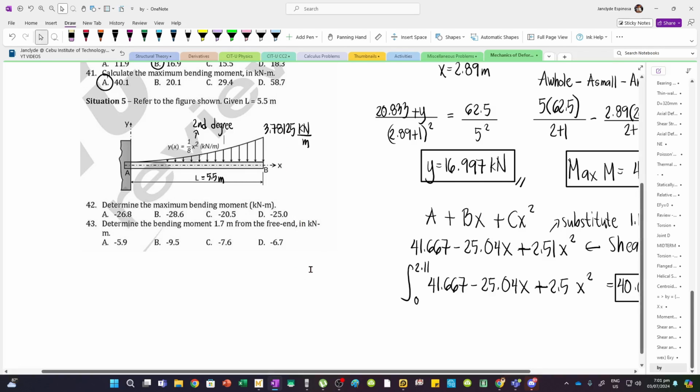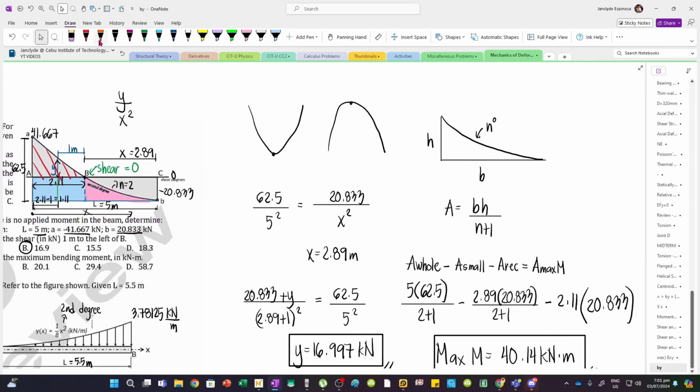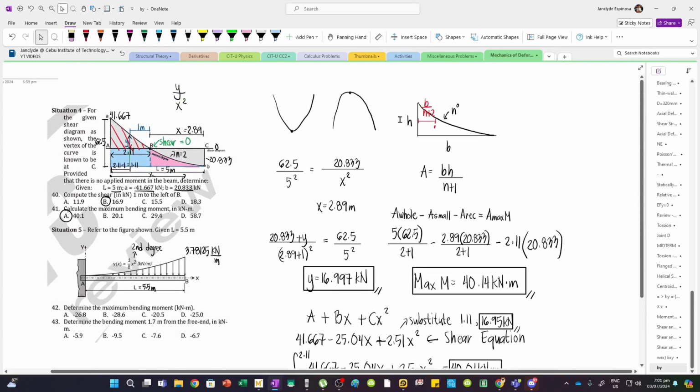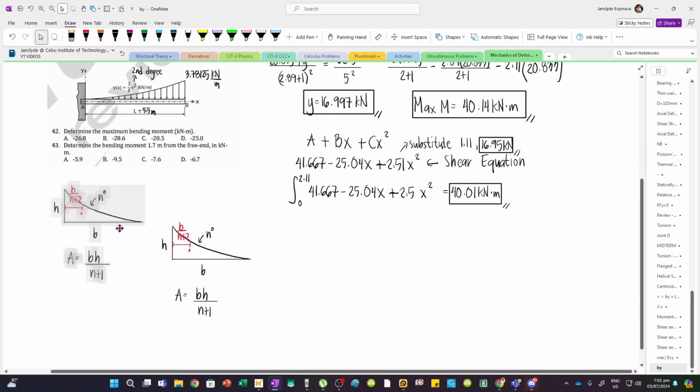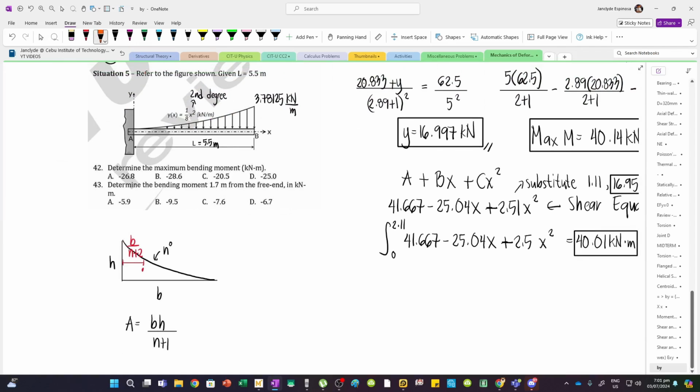What we're going to do first is go back to this figure. Now for spandrels, the centroid measured from the height is b over n plus 2. So let's just copy this one. And here we can now solve the resultant.